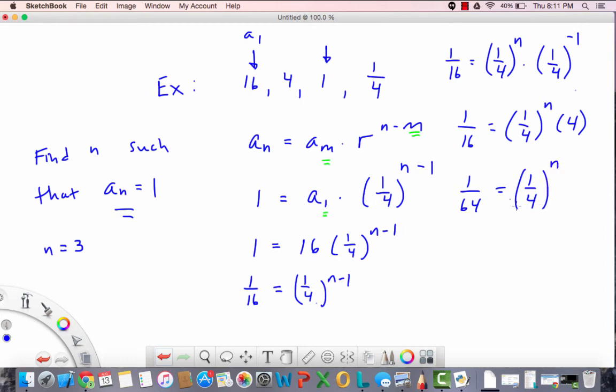And we know, or can figure out, that 1/64 equals 1/4 to the 3rd power, right? 1/4 times 1/4 is 1/16 times 1/4 is 1/64. So that gives us this value here of n. That's 3, and that's what we expected at the beginning.